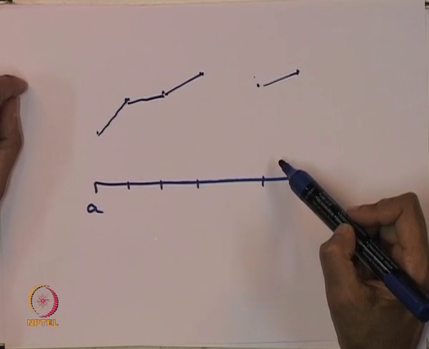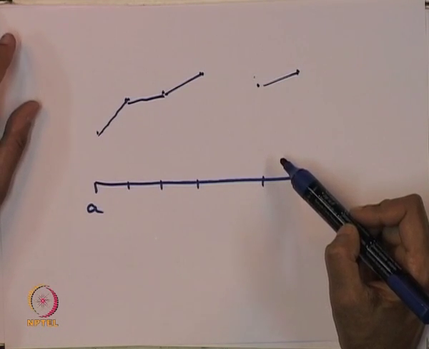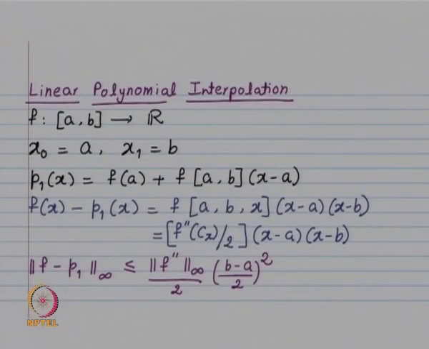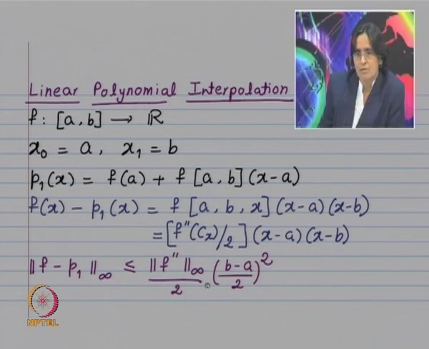Now, what we want to do is look at the error in the interpolating polynomial. In the case of linear polynomial interpolation, the error is given by norm f double dash infinity divided by 2 into (b minus a by 2) square.